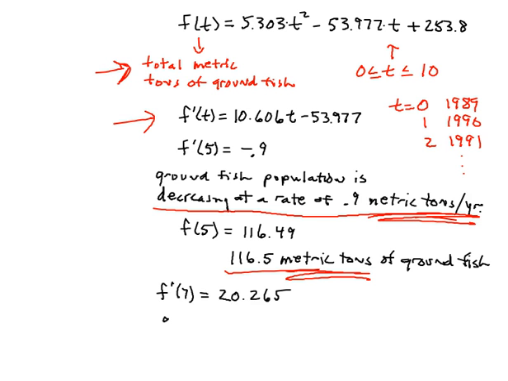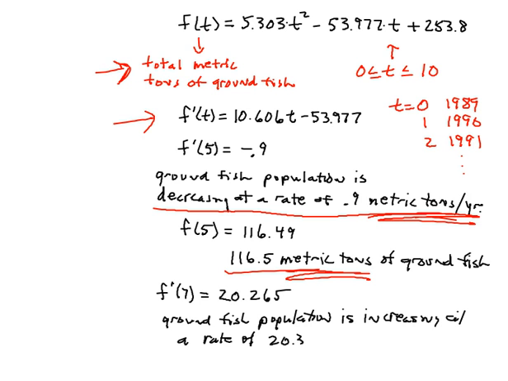The groundfish population is increasing at a rate of 20.3 metric tons. Don't forget the per year, because it's a rate.